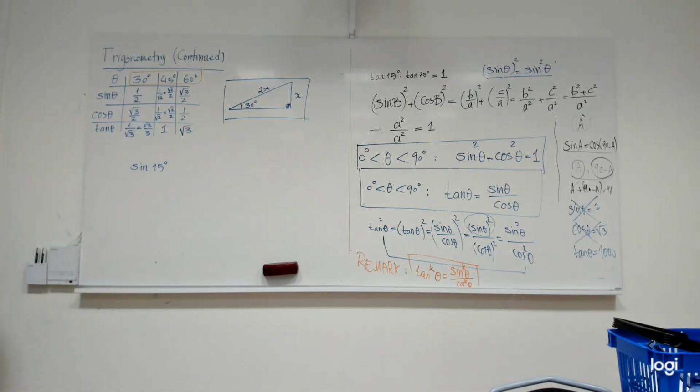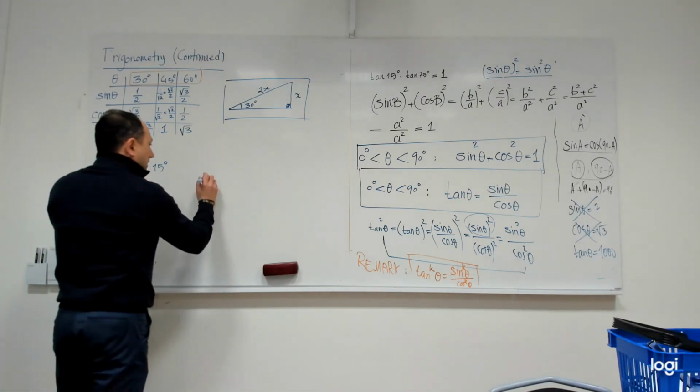Okay, I give you a fairly precise ruler and a very precise protractor. And I ask you to measure sine of 15 degrees. What are we supposed to do? Yes? We can draw a small triangle with one angle 15 and the other angle 90 degrees. Not side, angle. Yes? And then we can measure the side.